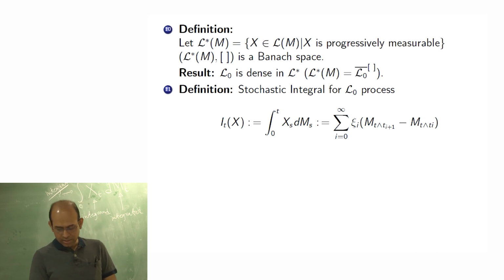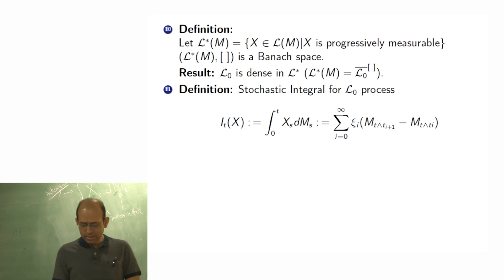It means this summation, xi times m t minimum ti plus 1 minus m t minimum ti. Why does it come?